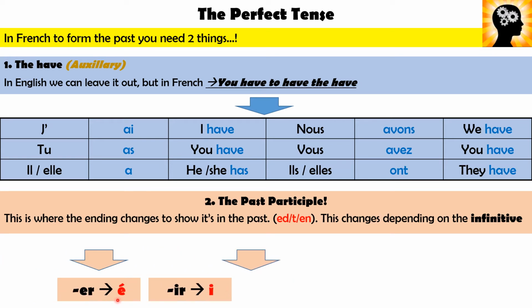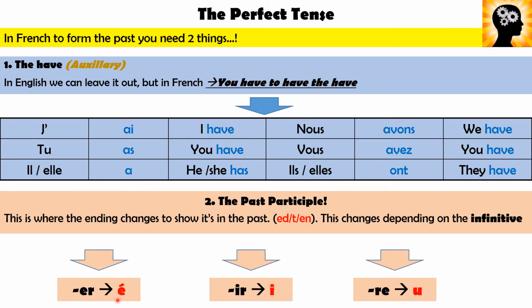If it's an IR verb, you change the IR to an I, and if it's an RE verb, you change the verb to a U, and that's the pattern. So all you need to do is have these 2 parts. You always have the have, which the posh word for this is called the auxiliary, and then you change the second verb to get that ED or T or EN sound, and this is how you do that. Put the 2 bits together, and you've got the past tense.